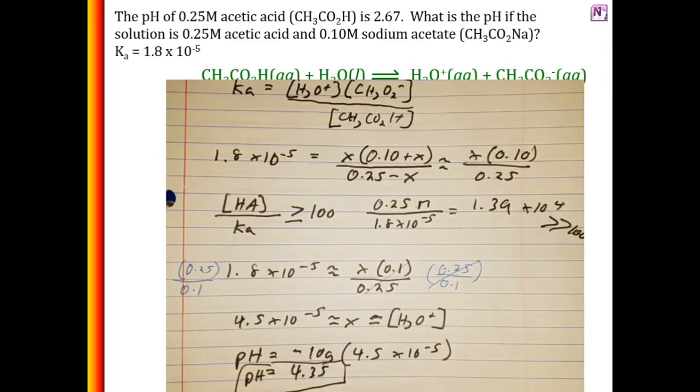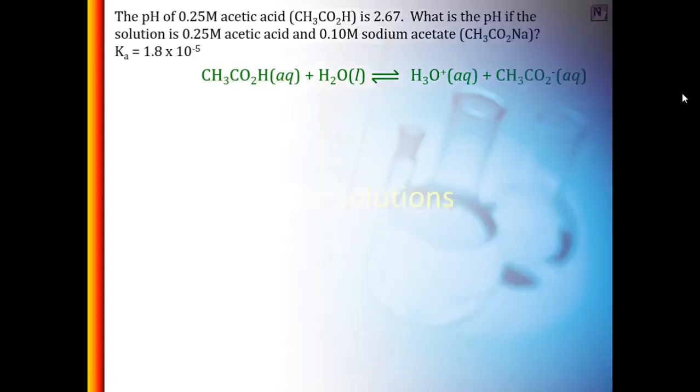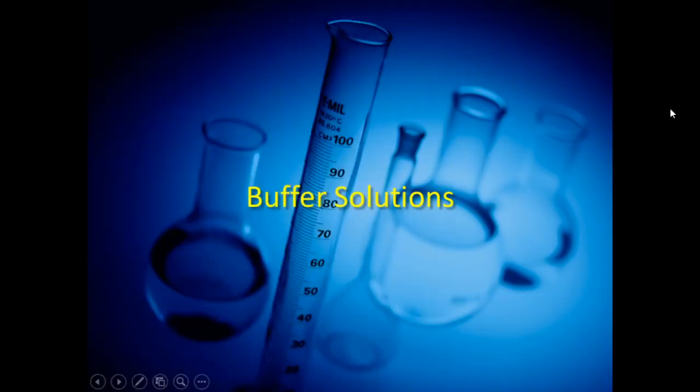That's using ice tables with Le Chatelier's principle, basically. What if we add some of the common ion? How is it going to affect our pH? Let's move on to the next section, which is about buffer solutions.